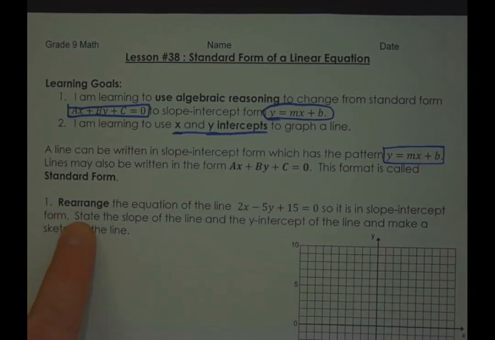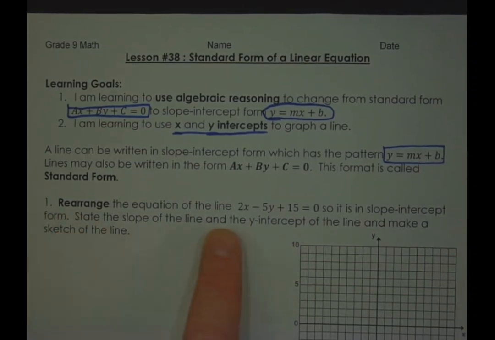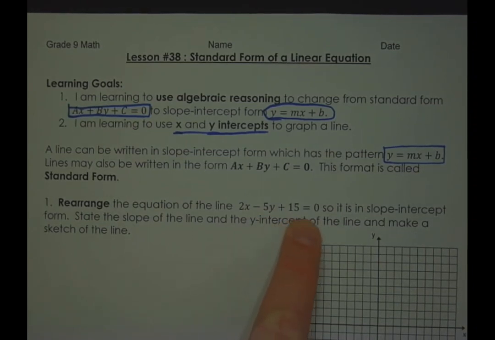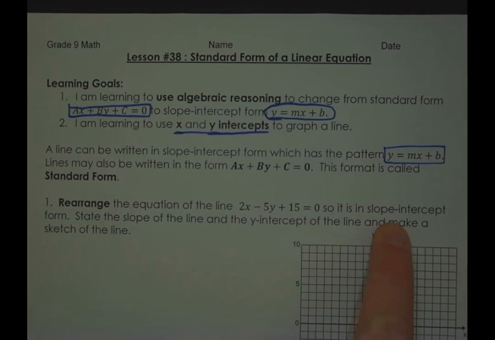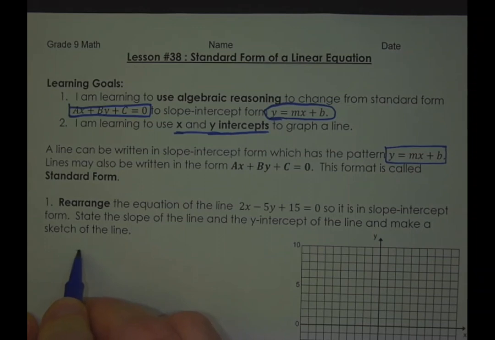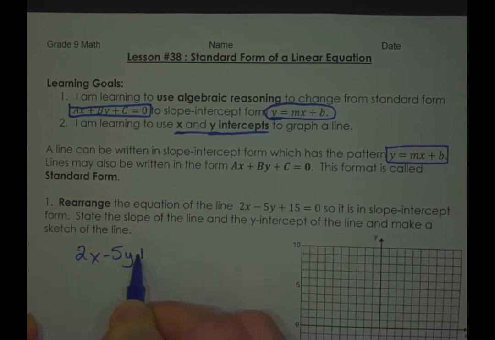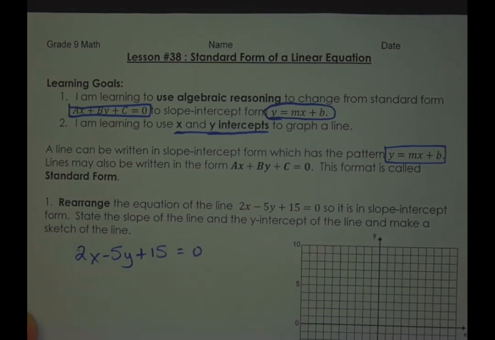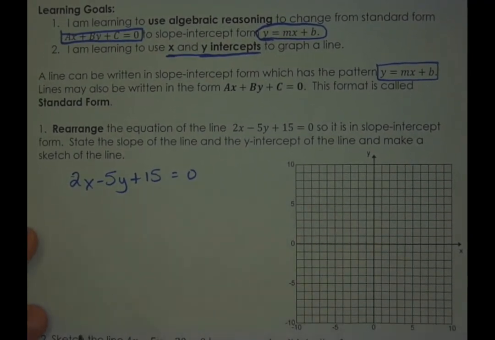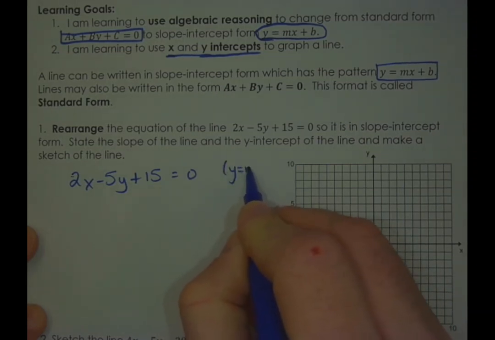All right? So first thing we're going to learn how to do is to rearrange this equation, 2x - 5y + 15 = 0, so it's in slope-intercept form. So we want 2x - 5y + 15 = 0 so that in the end, it looks like mx + b.